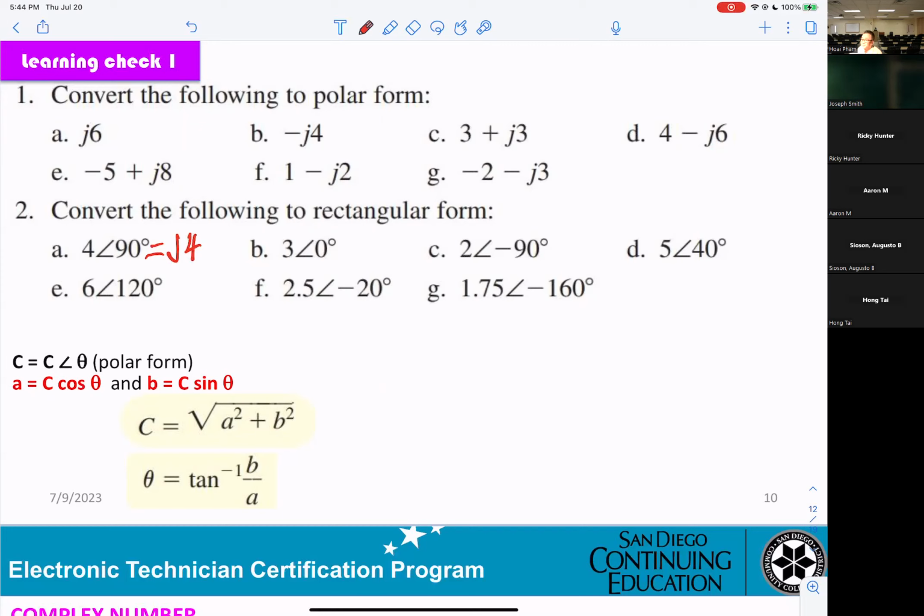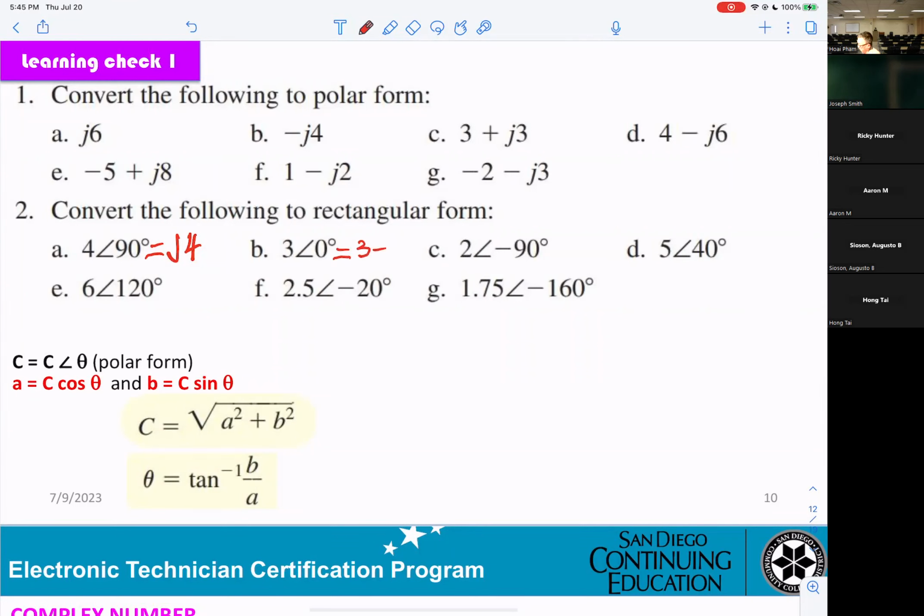All right, B. Who got number B? It's 0 degrees, so you just get 3, right?